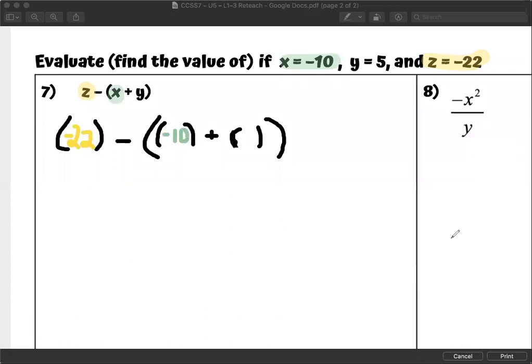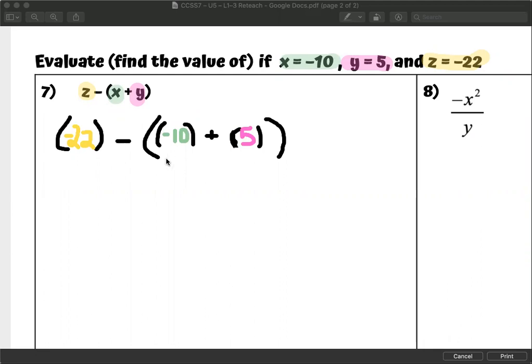And our y value, which is right here, is 5 being plugged in here. It looks like this. If you don't want to put the extra parentheses where you're plugging in for this one, that's fine. But again, be careful what you're plugging in.